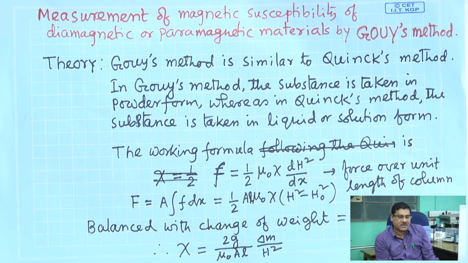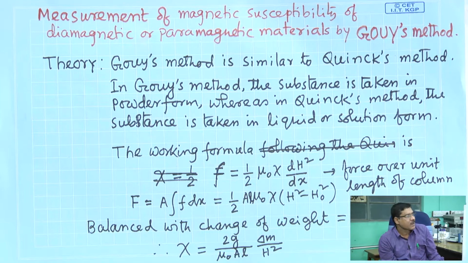In Quine's method we are measuring the height change of the liquid, and in this method we will measure the weight change of the sample, the apparent weight change of the sample, using the balance.